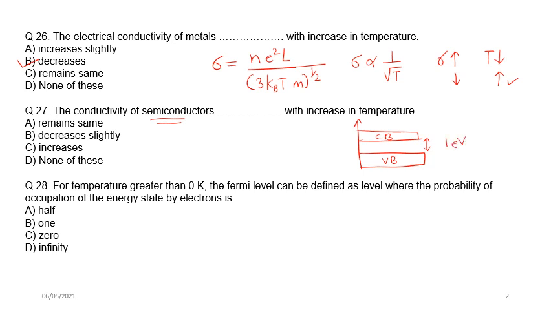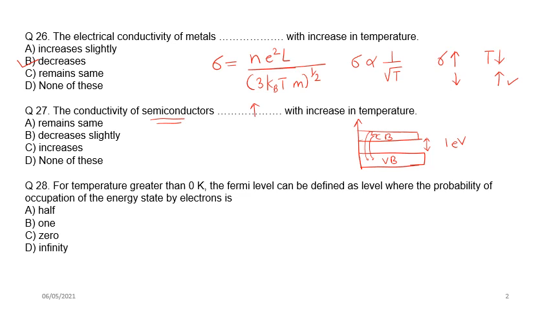In semiconducting material, as soon as we provide temperature, the electrons travel from the valence band to the conduction band, and as more and more electrons are available for conduction, the conductivity increases. So the conductivity of a semiconductor increases with increase in temperature.